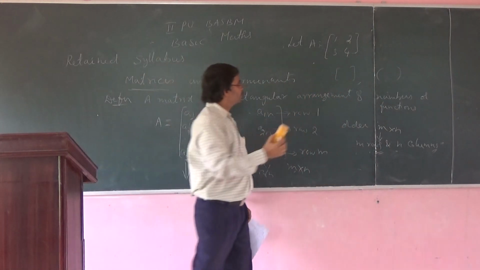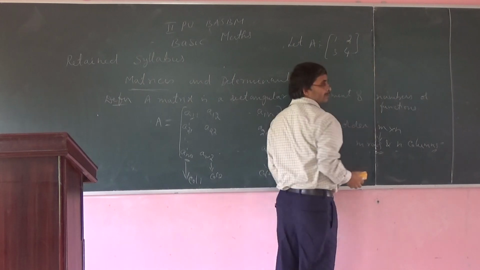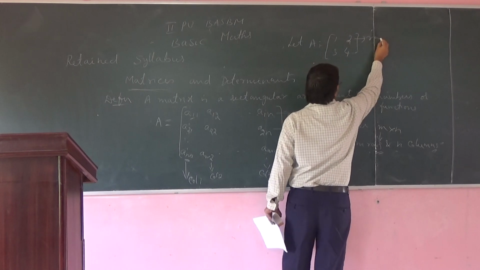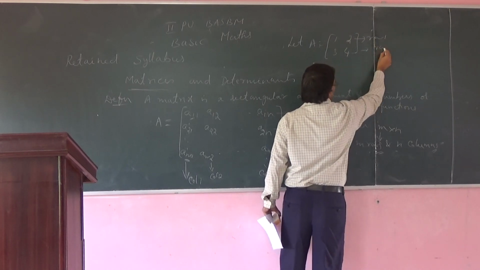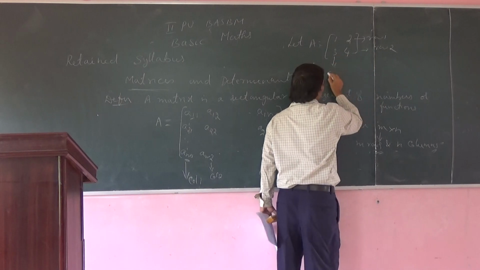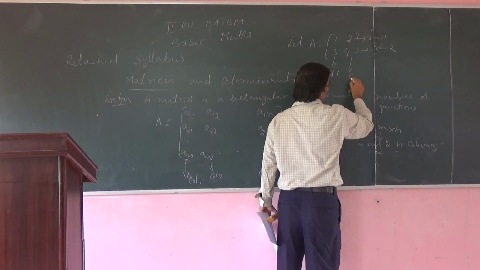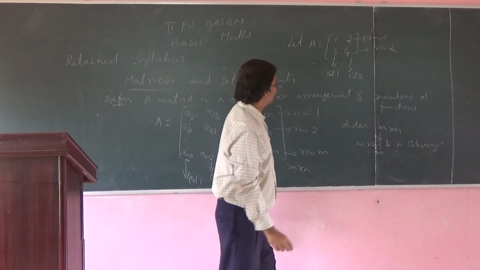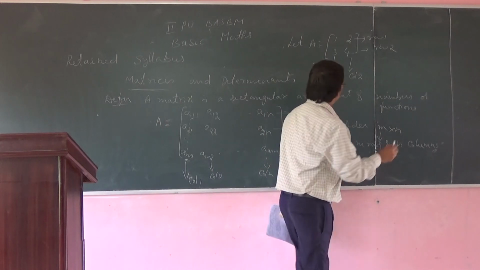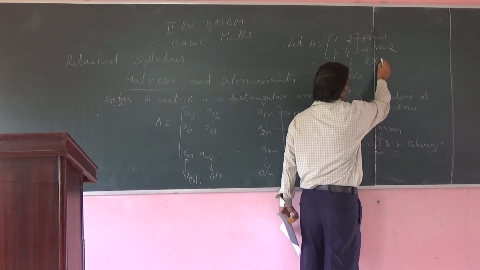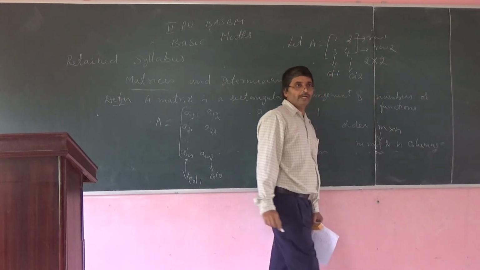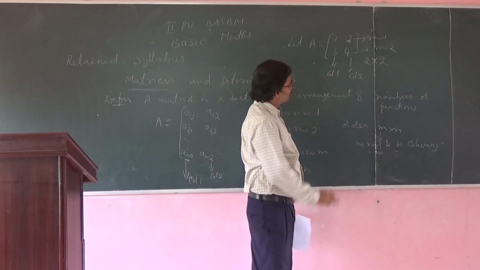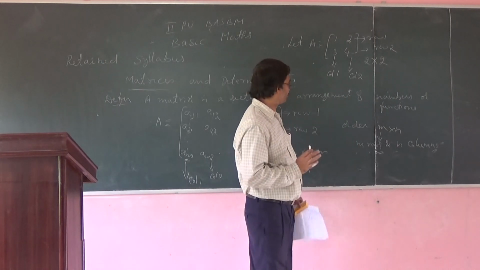This has two rows, row 1 and row 2, and two columns, column 1 and column 2. We say that this matrix is of order 2 by 2, written as 2 cross 2. So this is one example of a matrix of order 2 by 2.